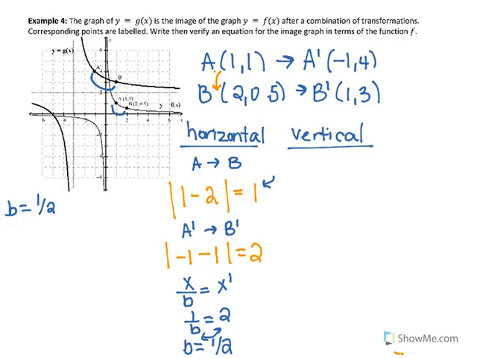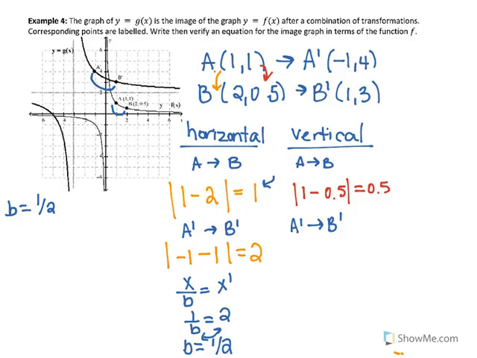Okay, let's do the same exact thing for vertical. So from A to B, we're going to do our y values. So we have 1 minus 0.5, which is 0.5. So in the original graph, they changed vertically by 1/2.